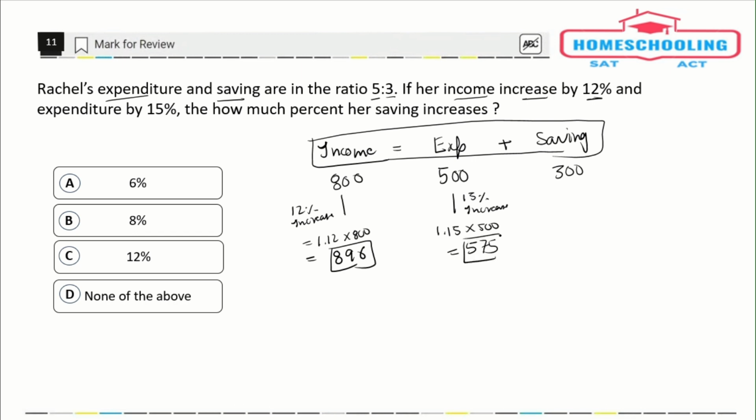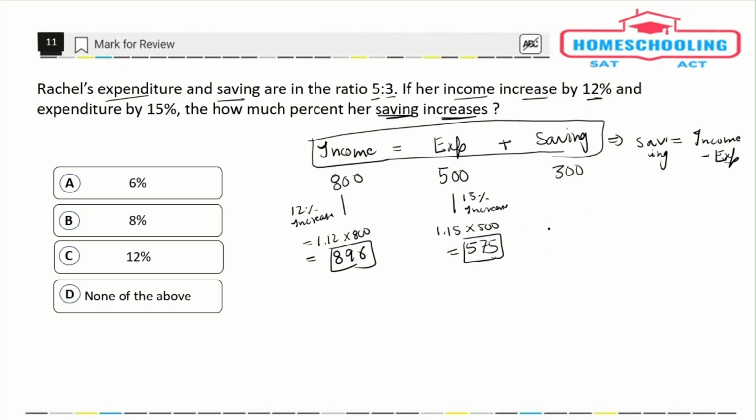So 896 is your income and expenditure is 575. So we have to find how much percentage the saving increases. So if we have to find saving, from this formula we can say that saving is equal to income minus expenditure.